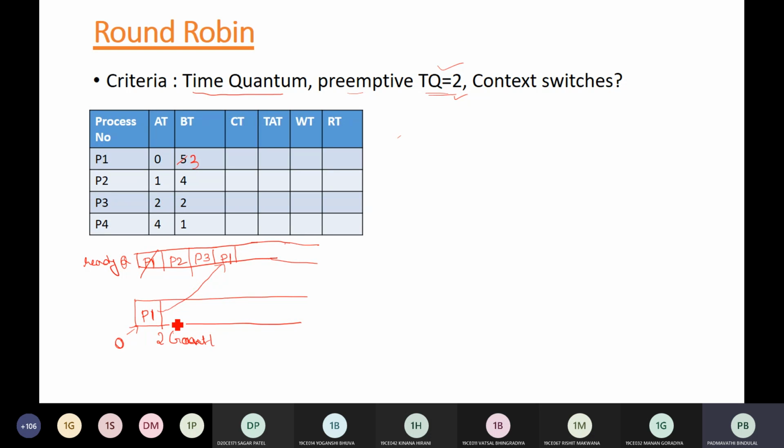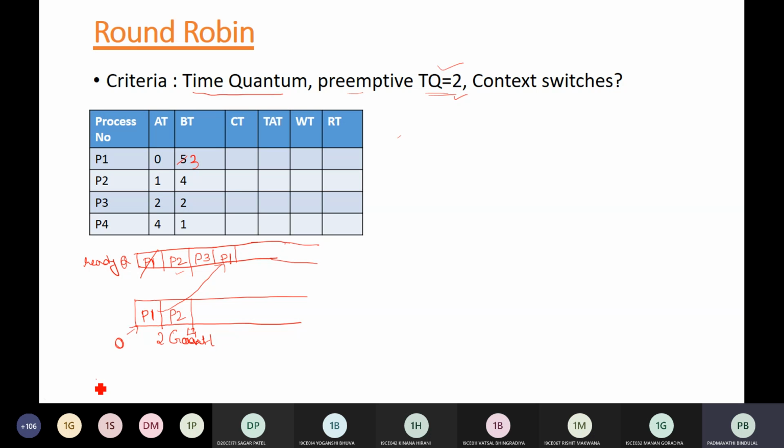Next, let's execute the next process in the queue. The next process is P2. Again you execute it only for 2 seconds, because the time quantum is 2.